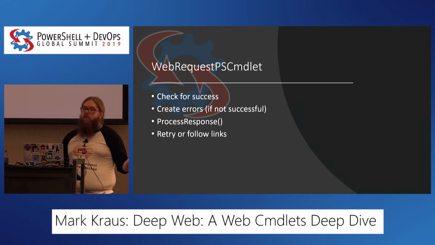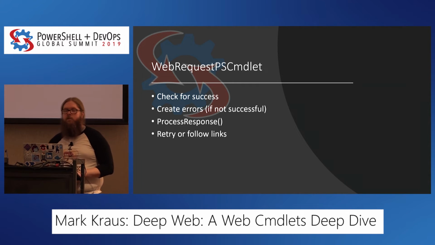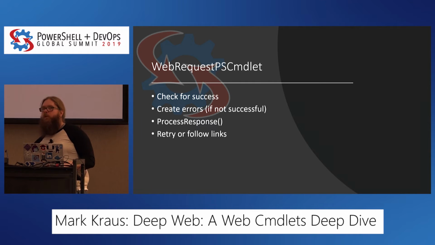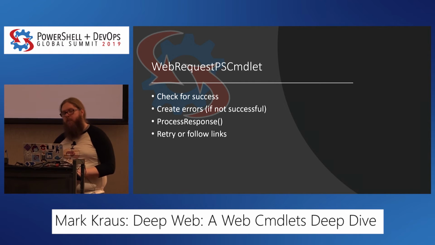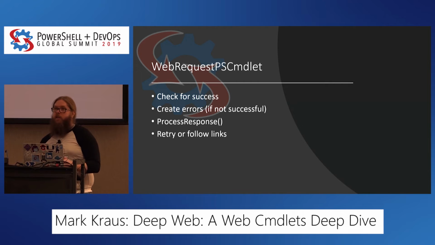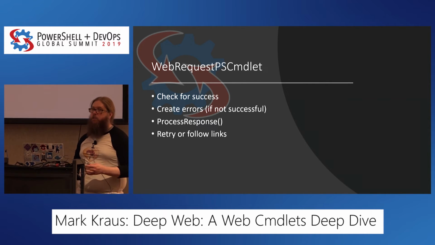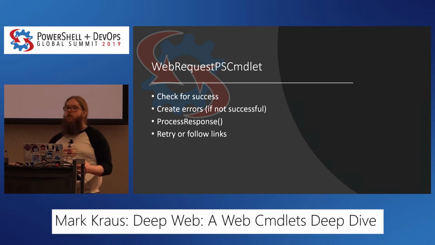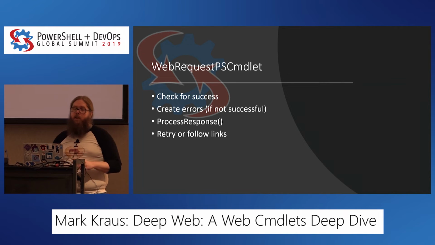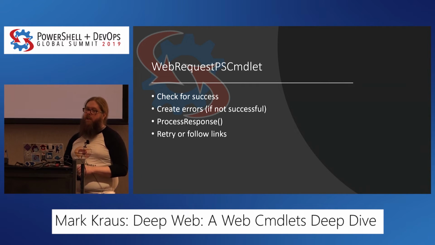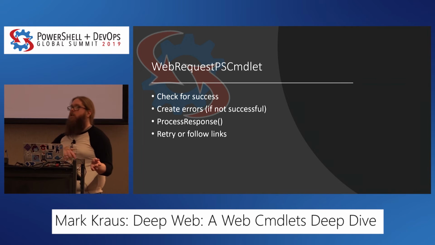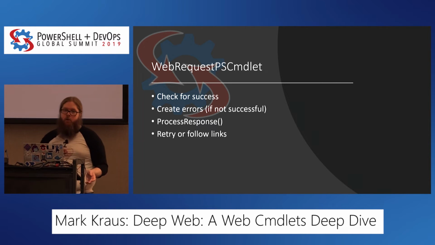The next thing it does is make the request, and it checks for success. Was this a successful request to the endpoint? Was it a 200 response or not, basically? It creates the errors if it wasn't, and then it passes off to ProcessResponse on the derived command. This is still in the base command, WebRequestPSCmdlet, and it's done most of the work of actually calling the endpoint, setting your requests, setting your headers.